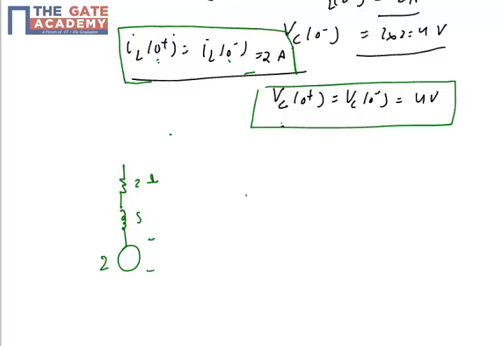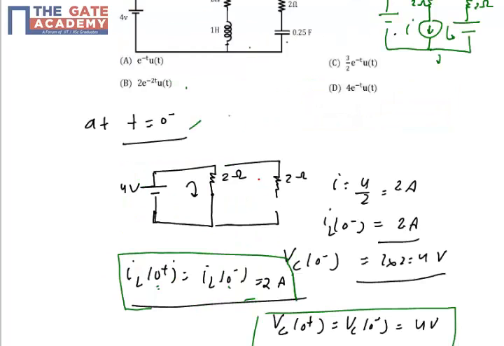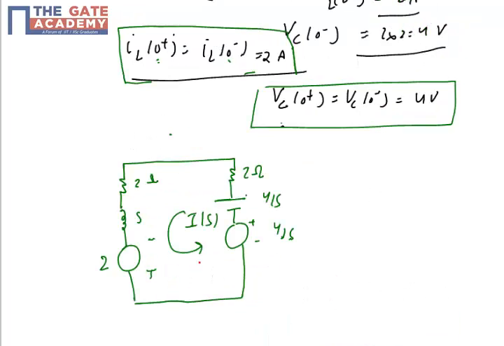Then we will have another resistor of 2 ohm and then this battery source of 4 by s, the capacitor. This is my loop and I am interested in the current of this loop I(s), which is in the direction of my inductor current.